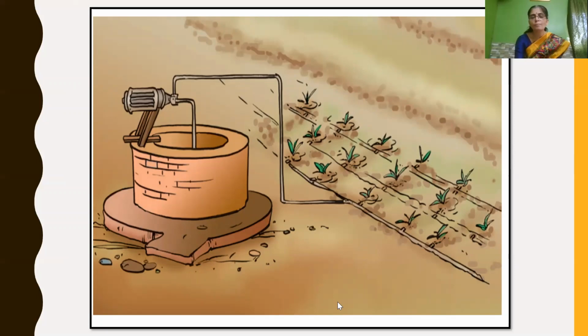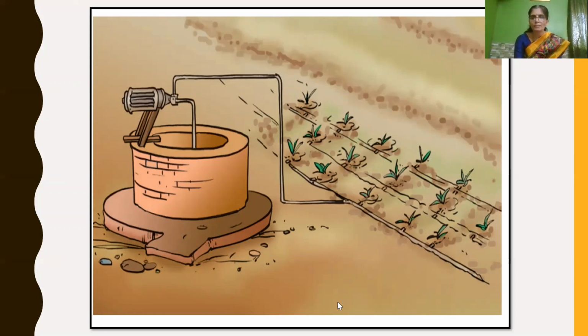So it is drip irrigation, isn't it? For what type of plants is it useful? And in which places is it useful? It is used where there is scarcity of water or no availability of water. So these three you should know. Type of irrigation, that is drip irrigation.